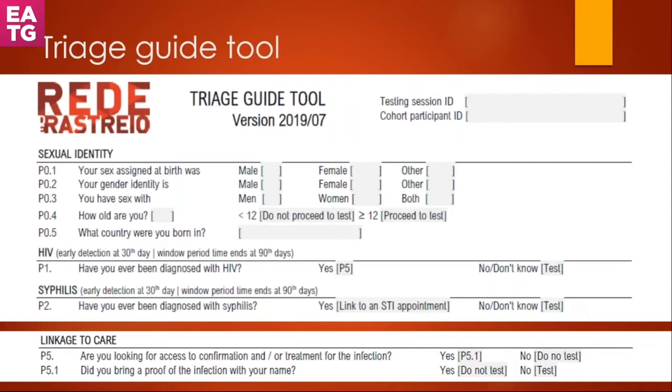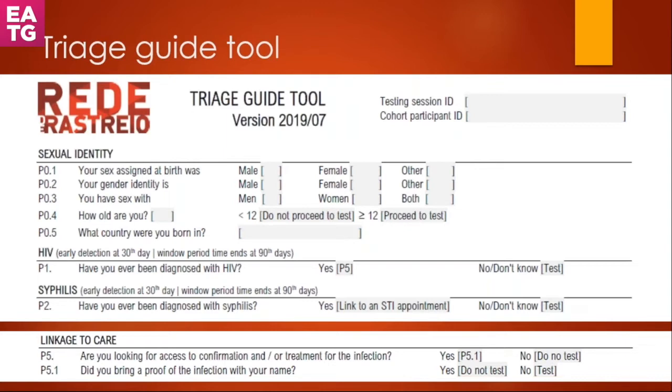Then regarding HIV, this was the easiest one for people to identify if they are entitled to do the testing or not. So only one question is asked: have you ever been diagnosed with HIV? If they say yes, then we go to the question P5 that is below in the form. And P5 says, are you looking for access to confirmation and treatment of the infection?